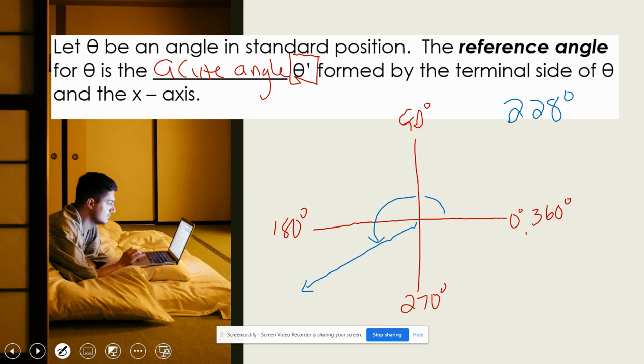To find the reference angle, remember this is the x-axis, this axis right here. So we go to our nearest x-axis to find a perpendicular line to it. And this angle that's right here, tucked up by the origin, is your reference angle.